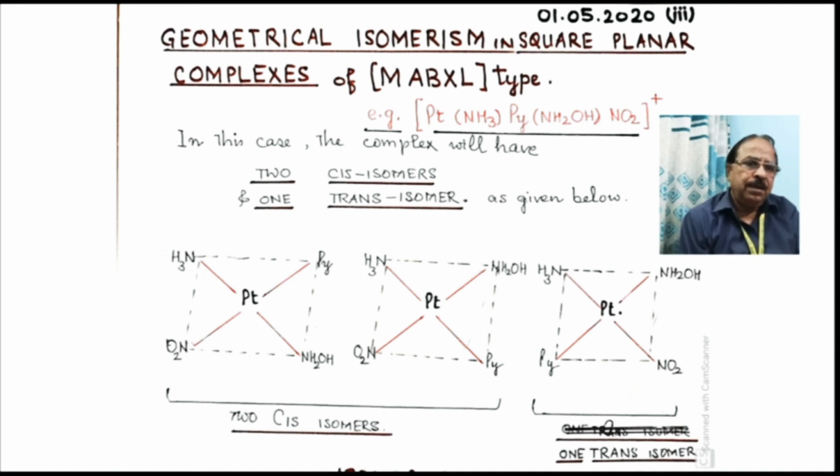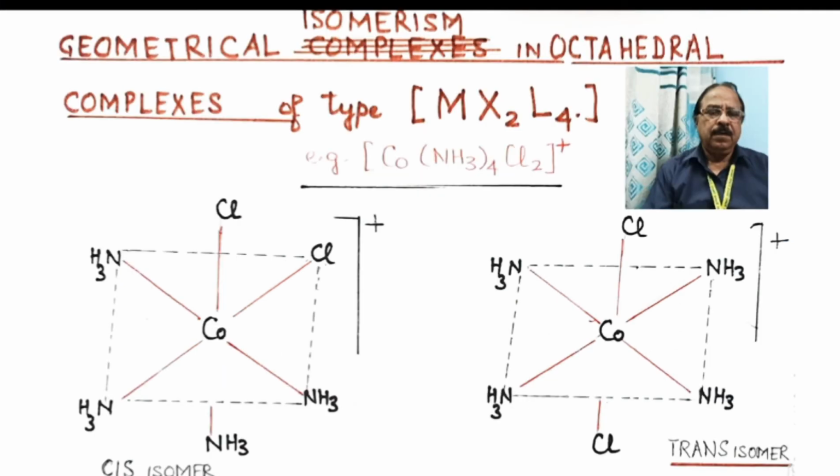So it is called the trans isomer. So when we write the structures of a square planar complex of MABXL type, we get two cis isomers and one trans isomer. Okay, please practice it.